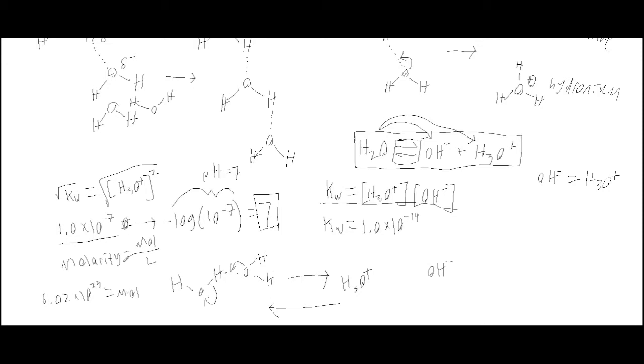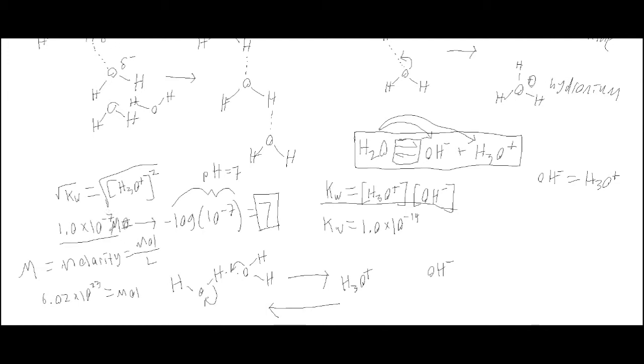So there are 6.02 times 10 to the 23rd molecules in 1 liter, which gives you 1 molarity. So this right here, in molarity, is usually shown with a large M.